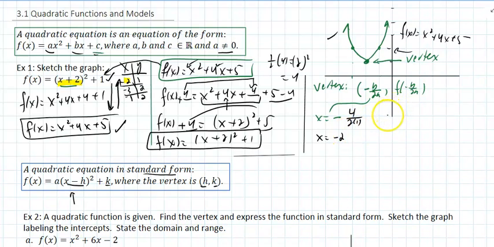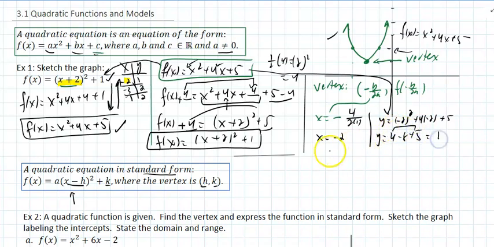And once I figure that one out, I need to find y. Y would equal -2 squared plus 4 times -2, excuse me, plus 5. Y would equal 4 minus 8 plus 5. 9 minus 8 is a 1. So I know the vertex is at -2, 1.